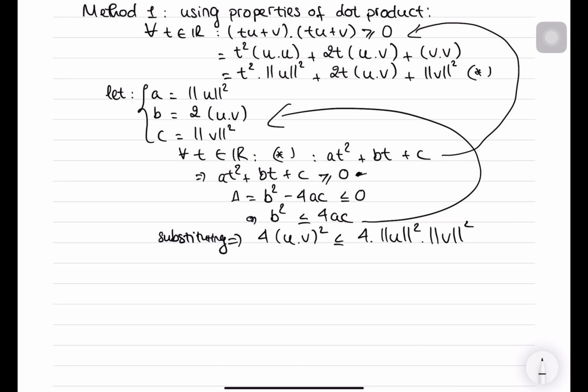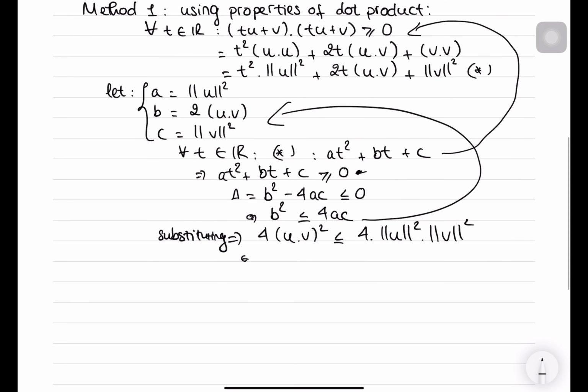I'm going to divide both sides with 4. It's going to be uv squared is less or equals to the norm of u squared multiply the norm of v squared.